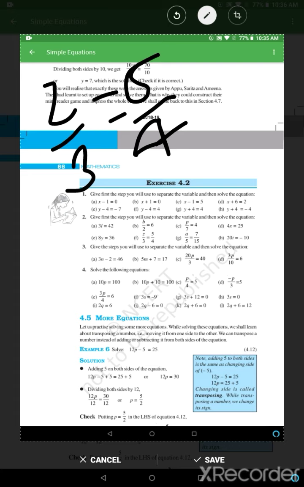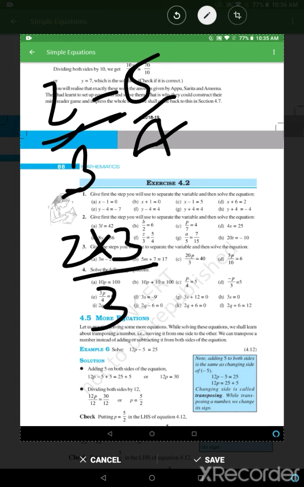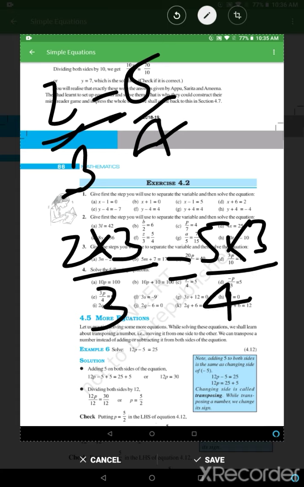So we will multiply both sides by 3. So z into 3 upon 3 is equal to 5 upon 4 into 3. So it will be 5 into 3, which is 15. So the value of z will be 15.